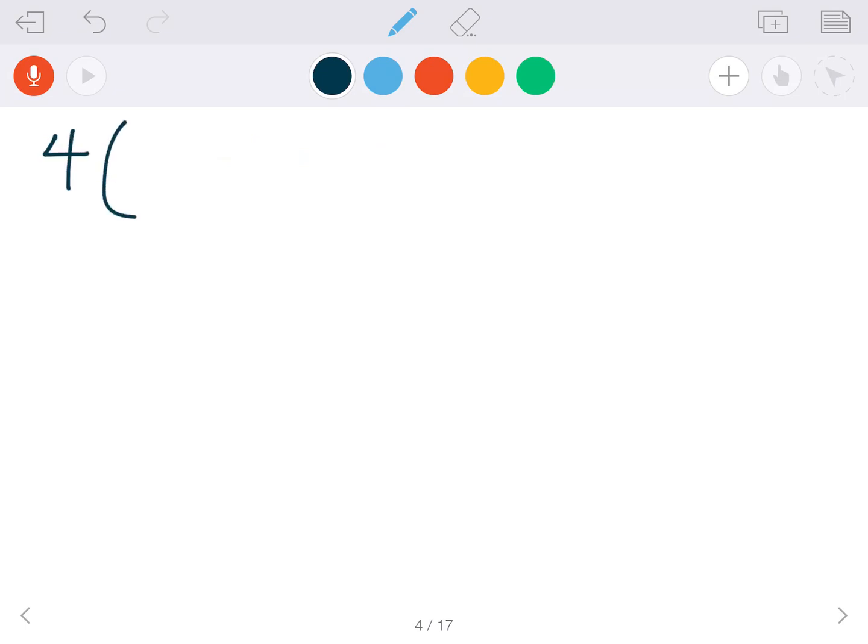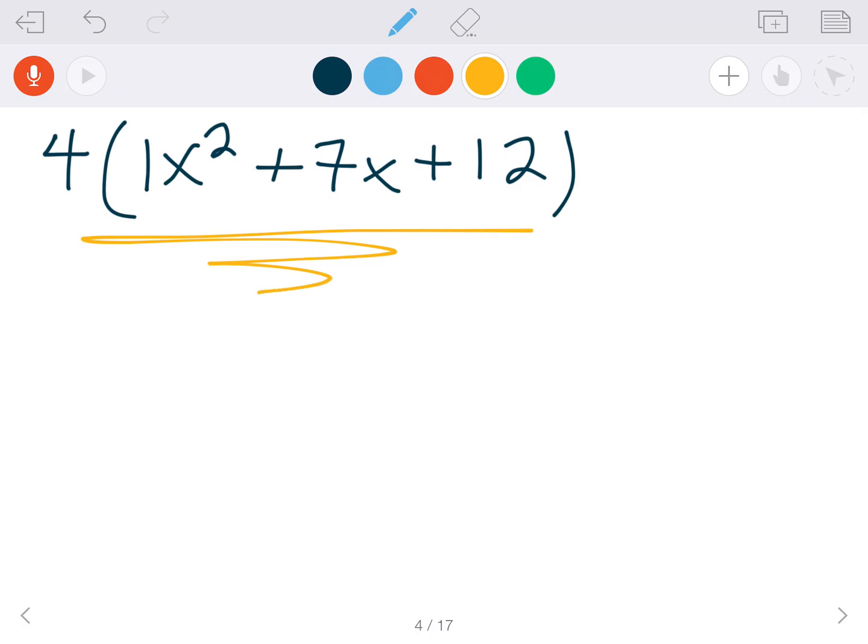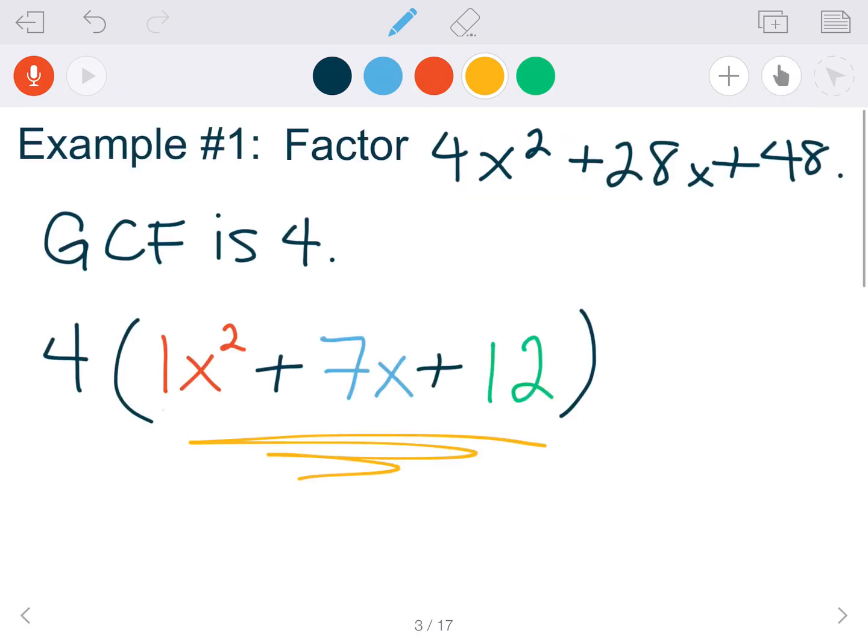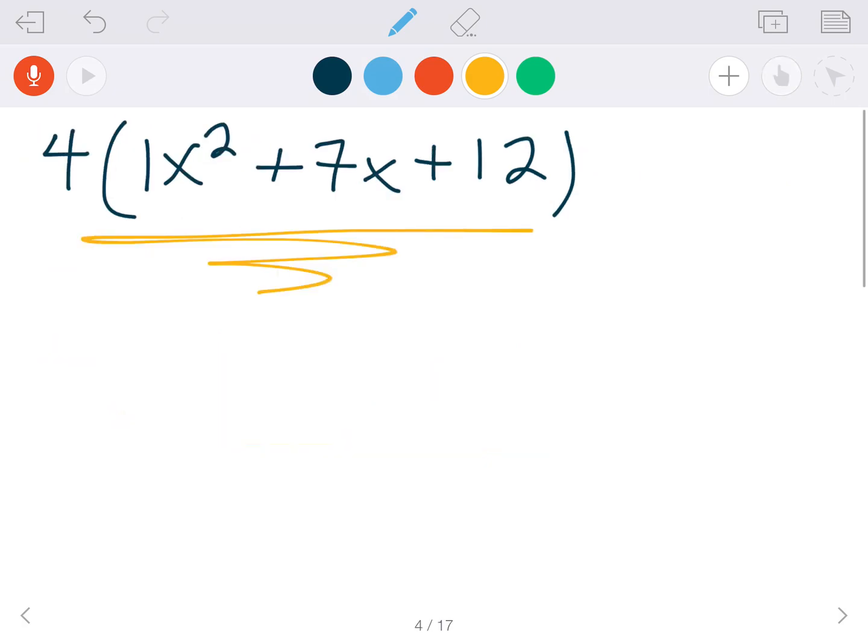I'm going to rewrite 4 times the quantity 1x squared plus 7x plus 12. And this expression right here is this expression right here. Okay, so now we need to factor everything inside of parentheses.